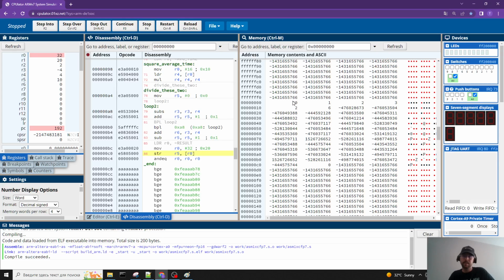And 32 is going to be 0, 4, 8, 12, 16, 20, 24, 28, 32. It should be right below the 2 there if we count it right. Now we're going to move the value from R5, which is 10, into the address being pointed at by R0. So there it is, 10, and that's the solution to our problem.